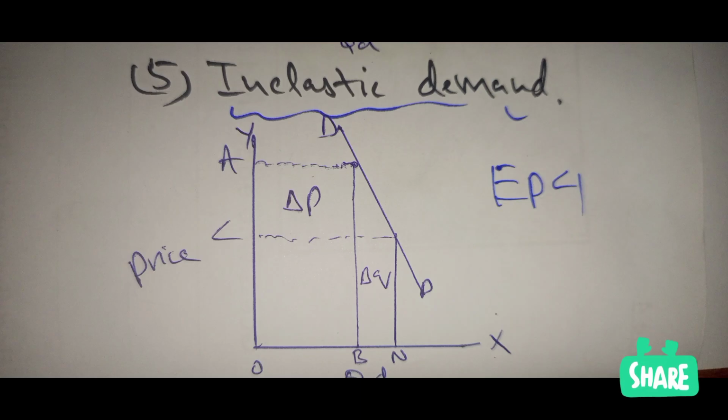In the mid of AC, the value delta P shows the change in price, which is from C to A or A to C. And on the x-axis, in the mid of BN, the value shows delta Q. It means the change in quantity demanded.